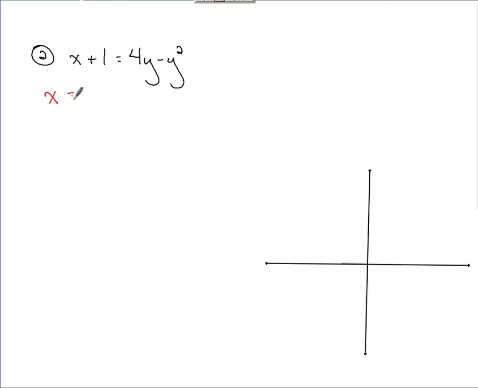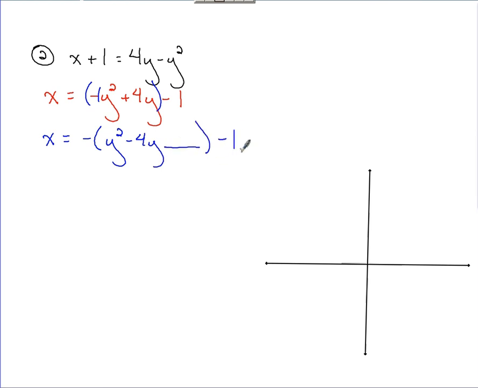This time I'm letting x equal negative y squared plus 4y minus 1 as I bring the 1 over. I want to group my y's on this type of problem, and I want to factor out this negative 1 right here, giving me x equals the negative 1 in front, y squared minus 4y, leave some space so I can complete the square, minus 1.